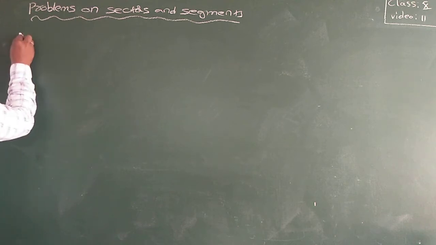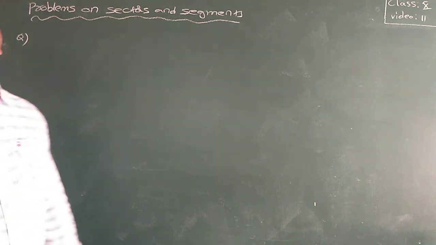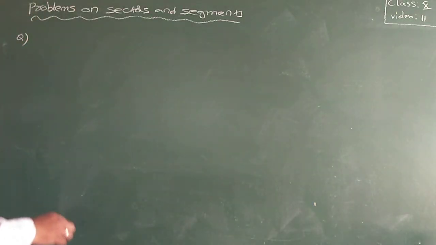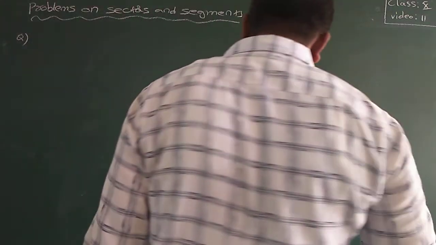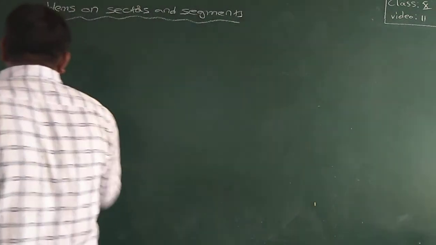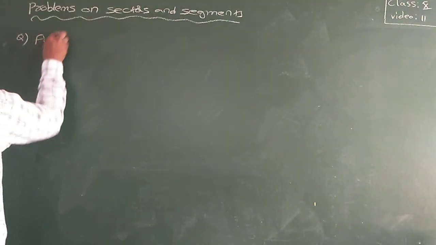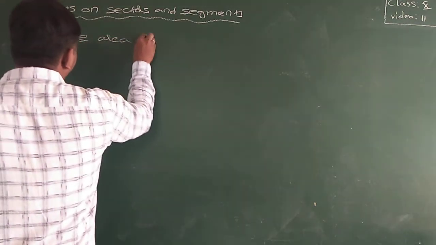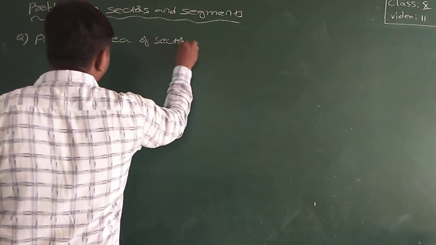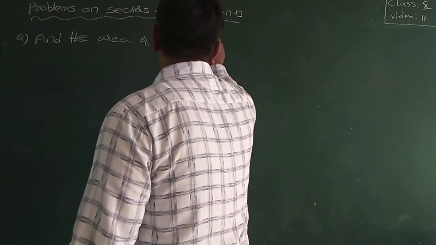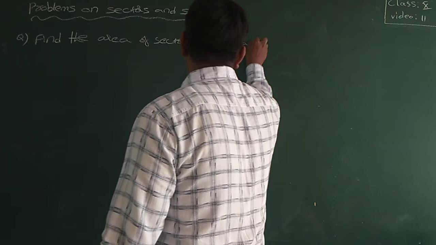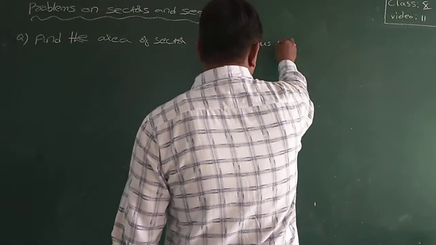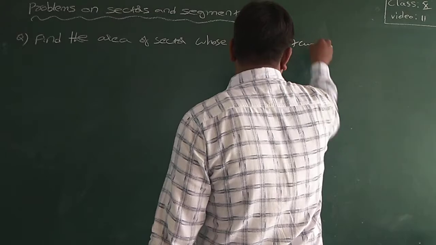The first problem is find the area of the sector whose radius is 7 centimeter.